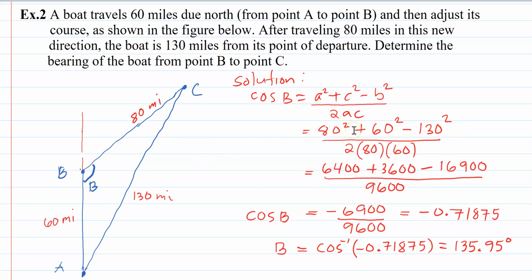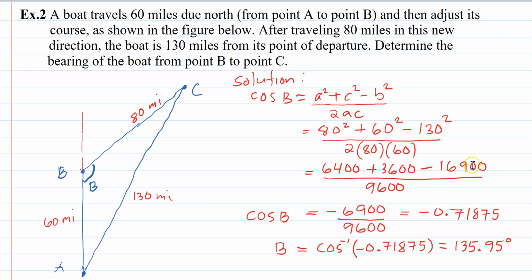So by substitution, we have cosine of B equals 80 squared plus 60 squared minus 130 squared divided by 2 times 80 times 60. Now 80 squared is 6,400 and 60 squared is 3,600 and 130 squared is 16,900.